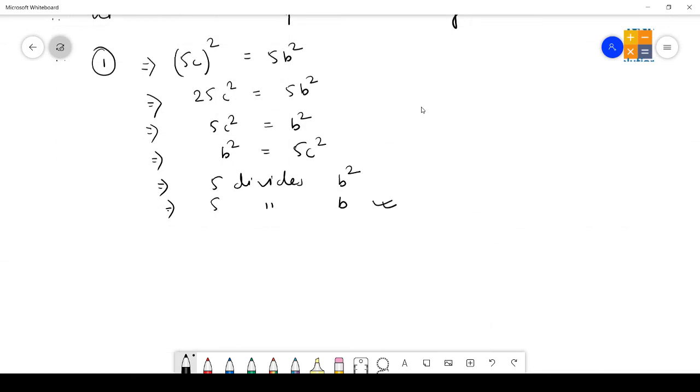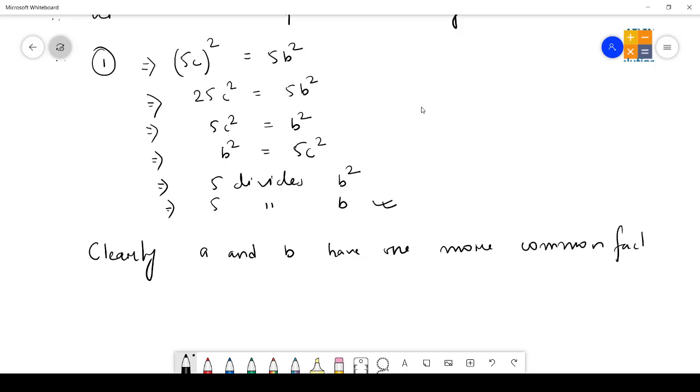So here we shall write clearly, A and B have one more common factor other than 1. Here one more thing I can put, one more common factor 5 other than 1.